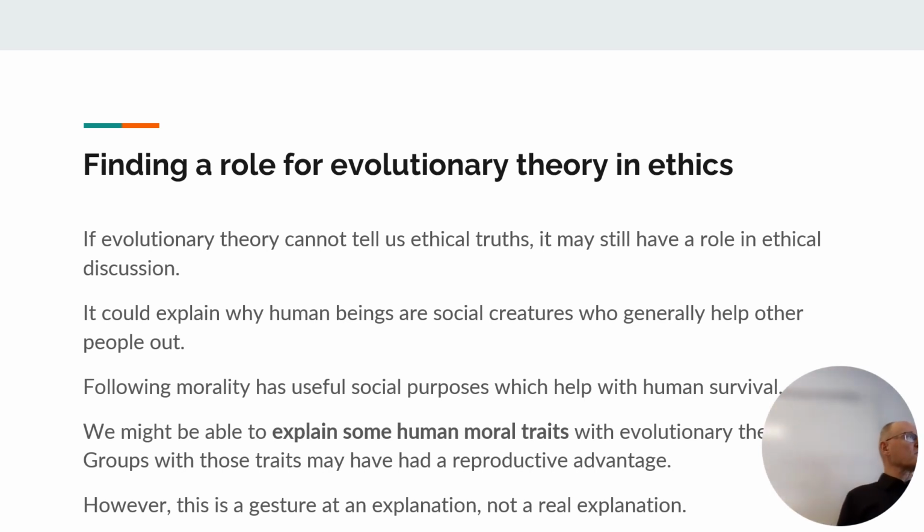So social Darwinism seems to be very problematic and something we would totally want to reject these days. But does that mean there's no role for understanding evolution in terms of ethics? I want to spend a little time looking at ways that other philosophers have thought about that.